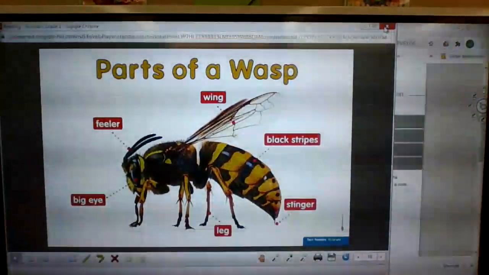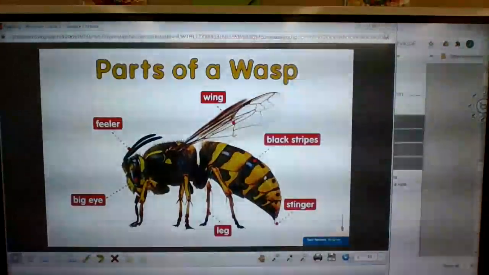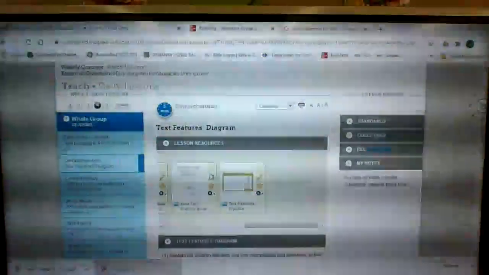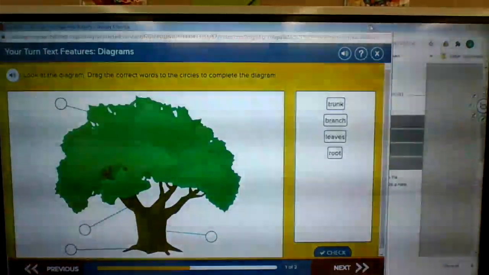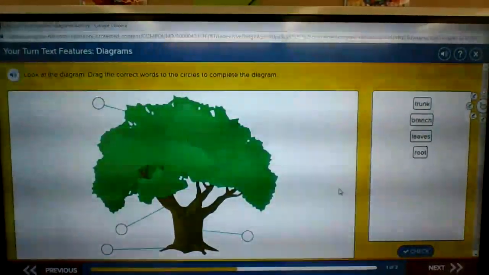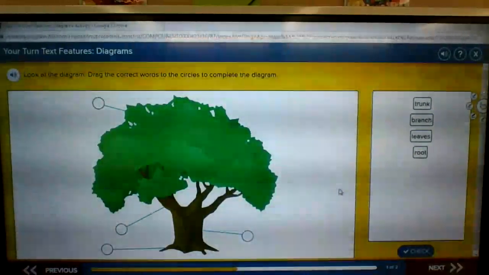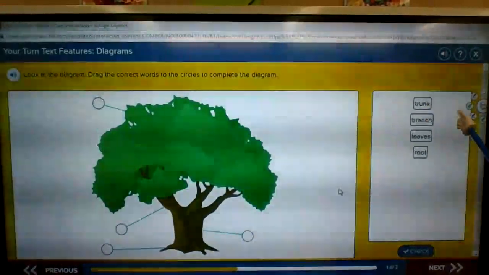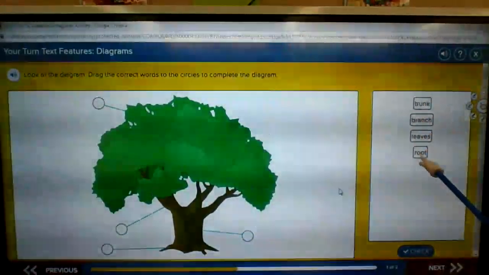Now we're going to look at a diagram of a plant, and we're going to label it. So we have a tree, and our labels are over here, and it says trunk, branch, leaves, and root.